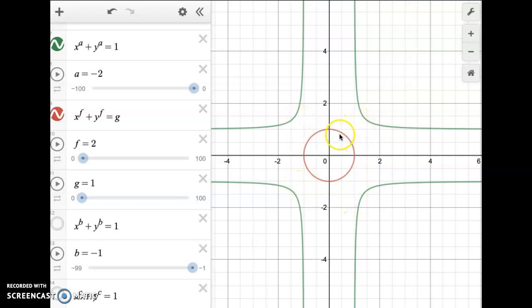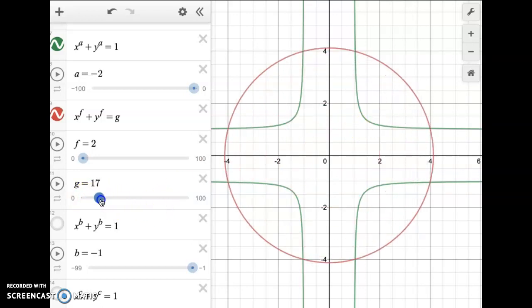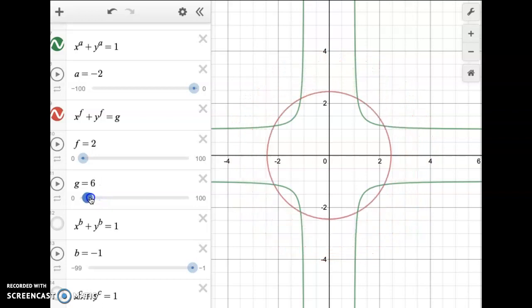So there's still a lot of space that we need to cover. Then trying to grow the circle, we see that this is too big, just trial and error. We finally see that when this equation equals 4, these lines actually intersect and touch.